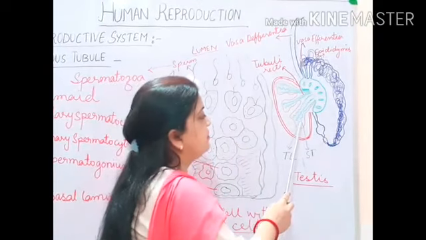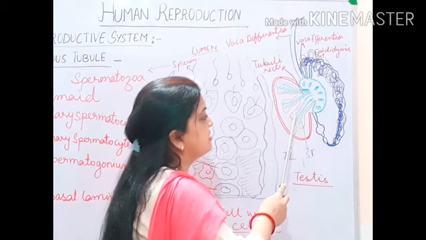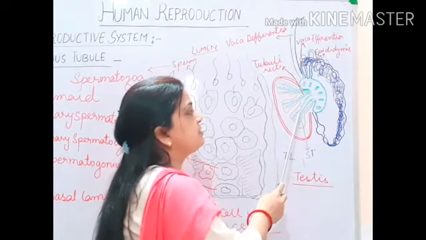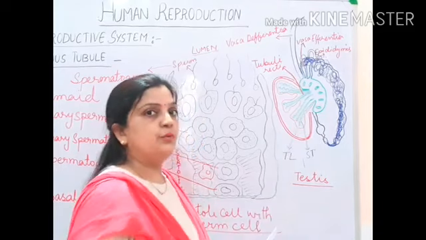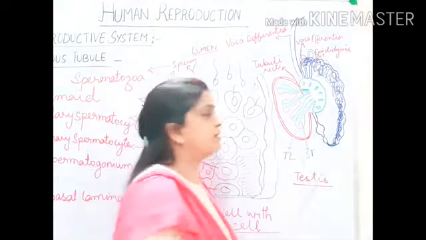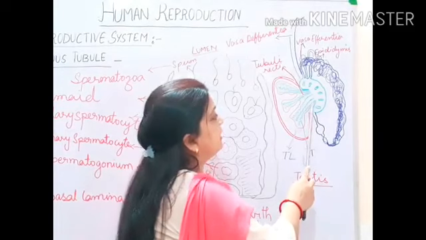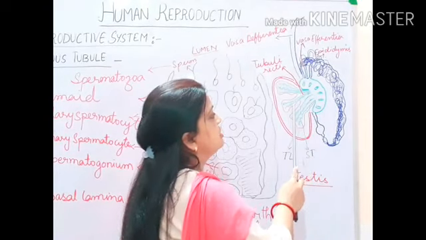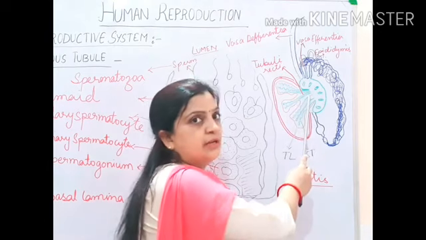Here are your seminiferous tubules inside the testis. Here sperms are produced now. Sperms produced inside the seminiferous tubules will be released into the lumen by the spermiation process, and will enter into the tubuli recti. This portion. Sperms will be floating into tubuli recti.